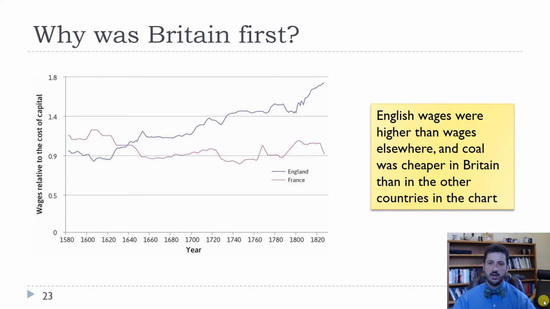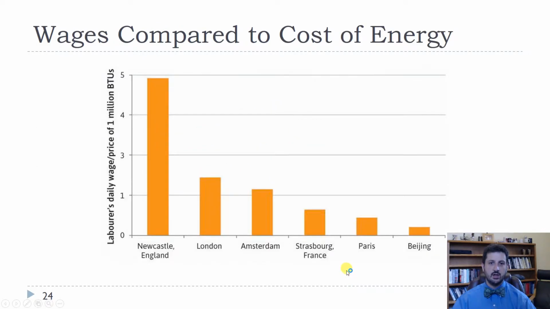And if we look at wages around the world, we can see that around the time of the Industrial Revolution, wages were much higher relative to the cost of energy, right? BTU is just a measure of energy, compared to other places in Europe and a city like Beijing.